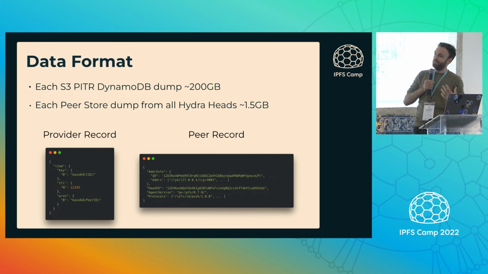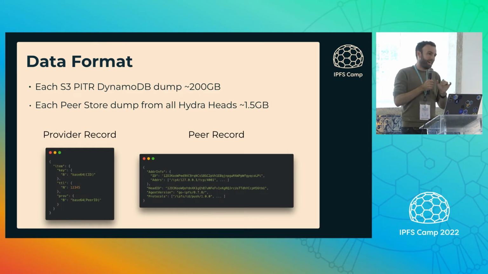So if you need this data at some point for one of your studies, provider records, as you may know, consist of the CID, then the time to live, and then the peer ID. And the peer records consist of, for us, most importantly, the peer ID and then the network addresses.